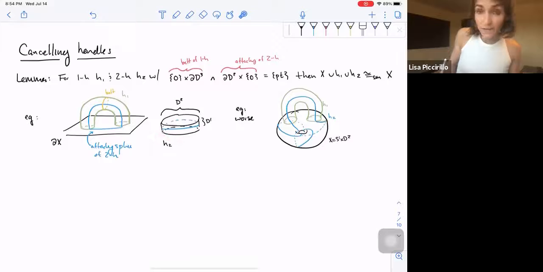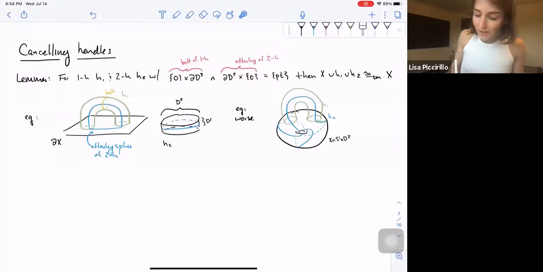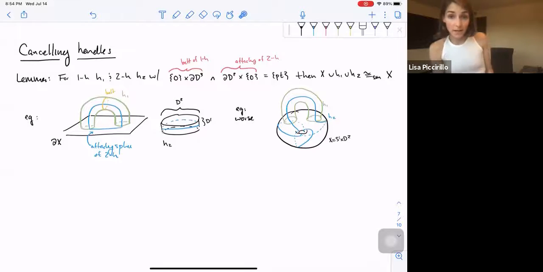When you glue your can of soup in so that this is the attaching sphere, what you're really doing is just taking this can of soup and wedging it into this tunnel. Then we see just from the picture that our space is just X with this bump on it, which it's easy to prove is just diffeomorphic to X.